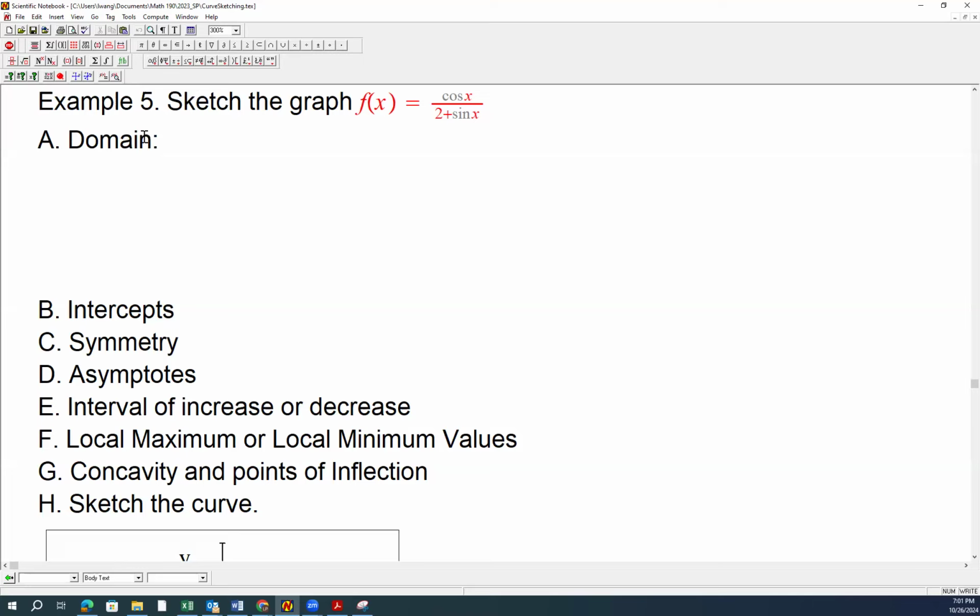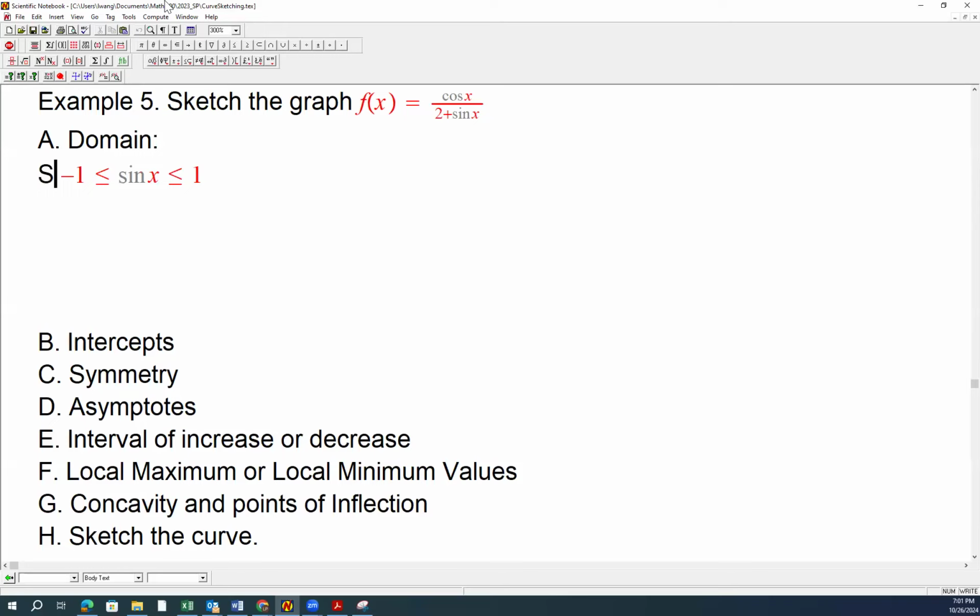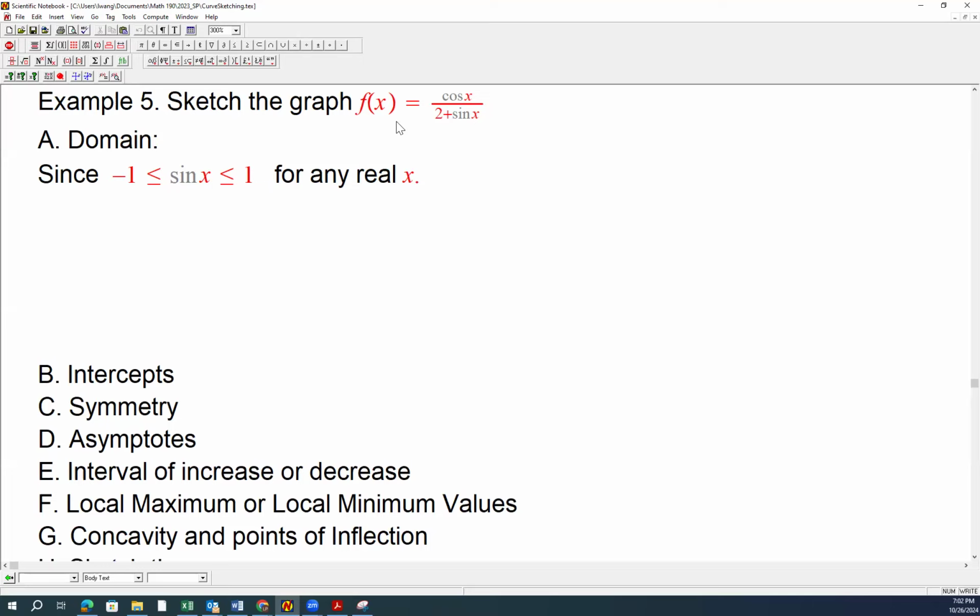But in this case, because we know the range of sine is between -1 and +1, 2 plus sine will always be positive. So here I'm going to give you the reason. Since this is the range for sine, for any real number x, the domain of sine is all real numbers, and the range is from -1 to +1.